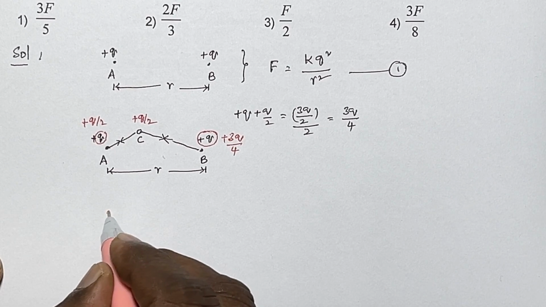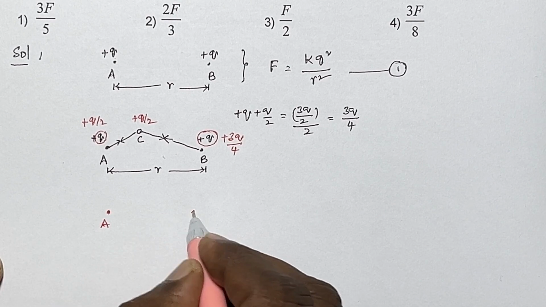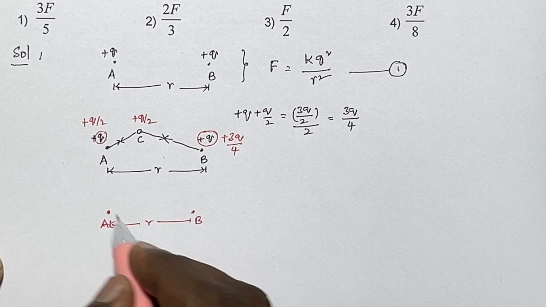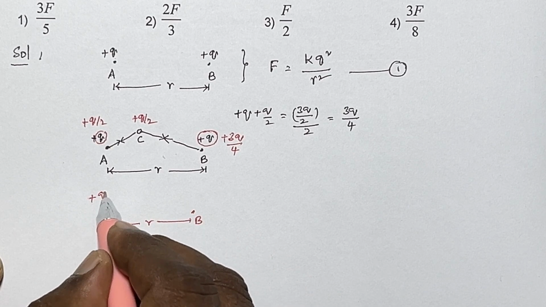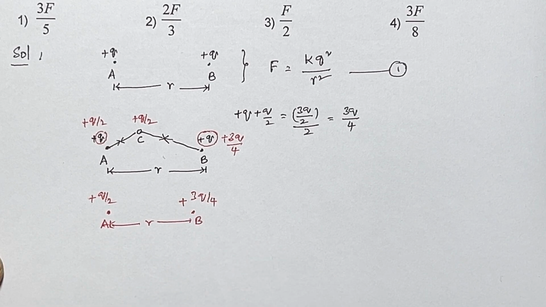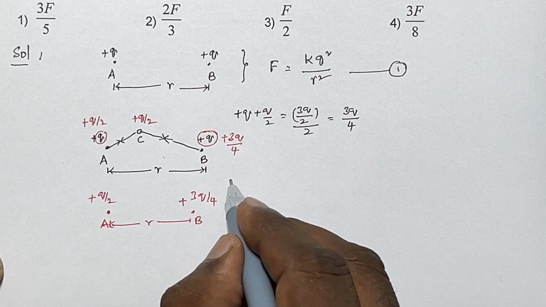This sphere A, this sphere B, the distance between them is R, but here the charge is Q by 2, here the charge is 3Q by 4. Now let us calculate the new force.